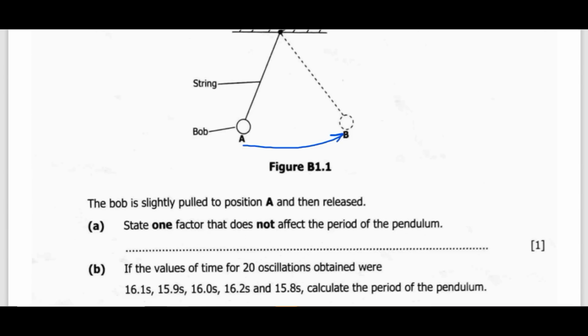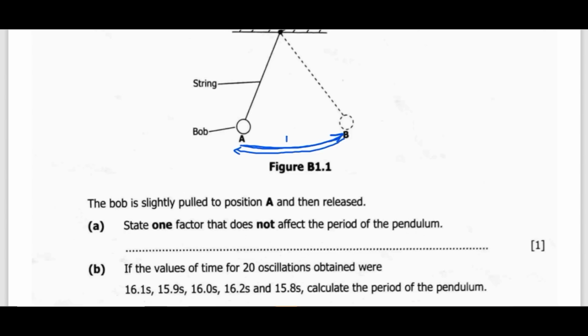So we want to look at the period of the pendulum, and what will not affect it. For us to understand this, first we should know that if it was pushed, the bob will come back to A. When it comes back to A, that is one oscillation.